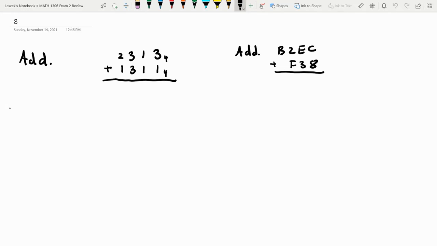So for example, this is base 4. When I add 3 and 1, I get 4, but I wouldn't write that because the only digits you would see in base 4 are 0, 1, 2, and 3. So if you get 4 or something higher, we just subtract 4. So 4 minus 4 is 0, and that's what we get over here. And then we carry 1.